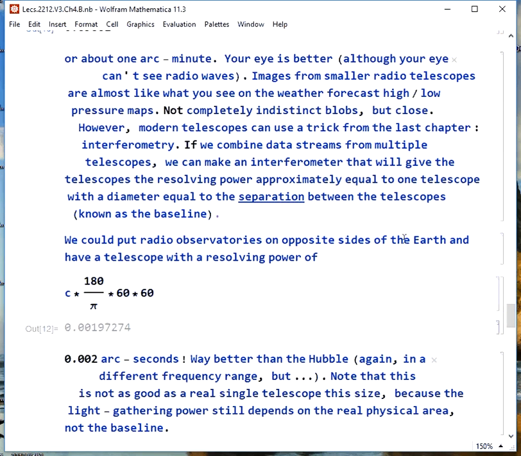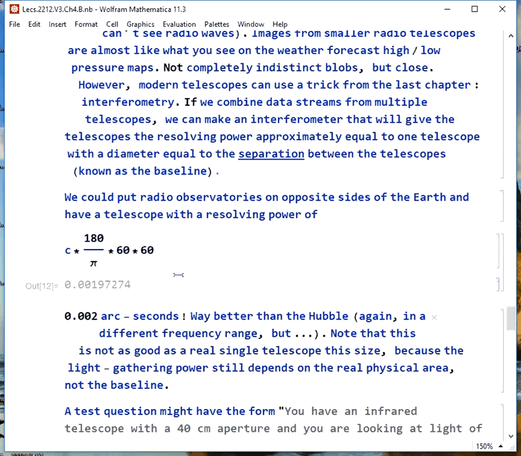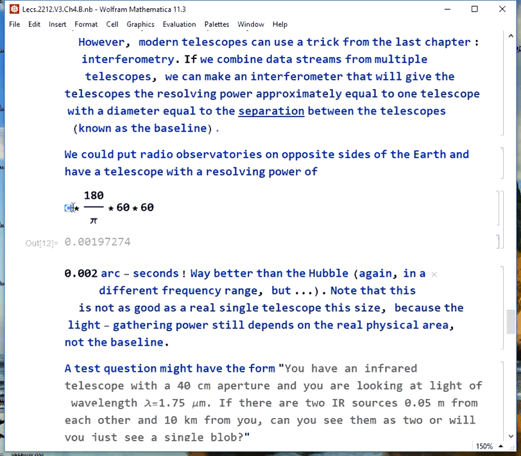That means we could put radio observatories on opposite sides of the Earth and have a telescope with a resolving power of 1.22 times 0.1 meter divided by the diameter of the Earth, which is 2 times 6,378,000 meters. When you do that math, you get 0.002 arc seconds.